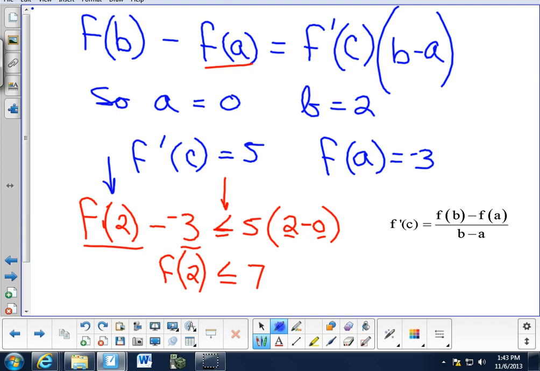I don't know what f of b is. It's f of 2. Here's f of a, the starting point, -3. I'm going to assume that the slope is 5 everywhere. And then b minus a. And so the largest value you could get for f of 2, solve the equation, is 7.